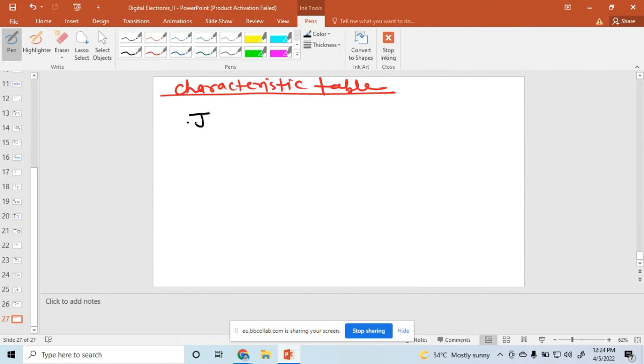This one is J, then K, and then I'm writing Qn and Qn plus one. Qn is the present state, but the next state is Qn plus one. Yes, I'm writing here the values.